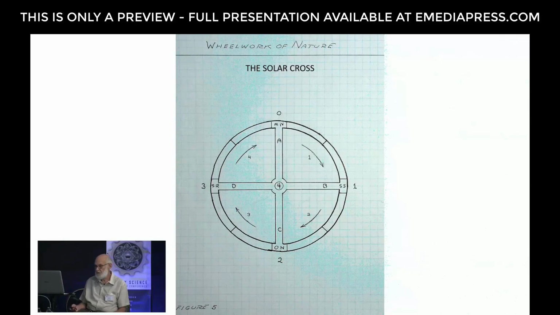The wheel work of nature was a phrase used by Tesla. Everyone is very familiar with the phrase of attaching your mechanism to the wheel work of nature. So it's a 4-phase architecture that we're dealing with here. It goes back to very ancient times. It's a very important arch form called the solar cross.